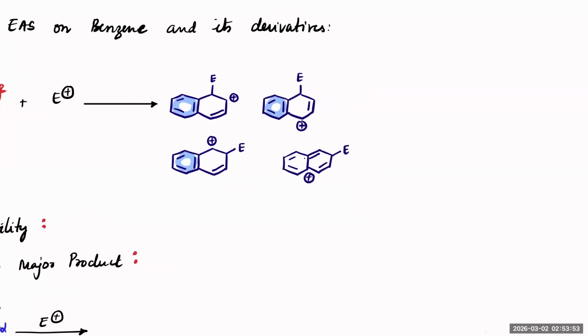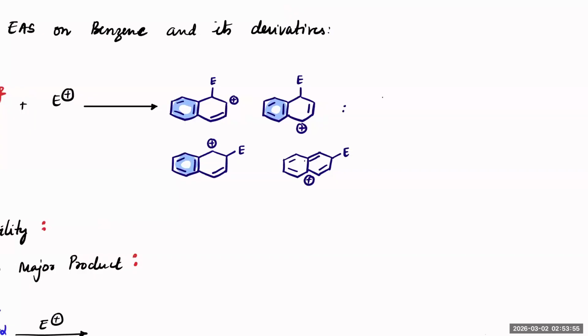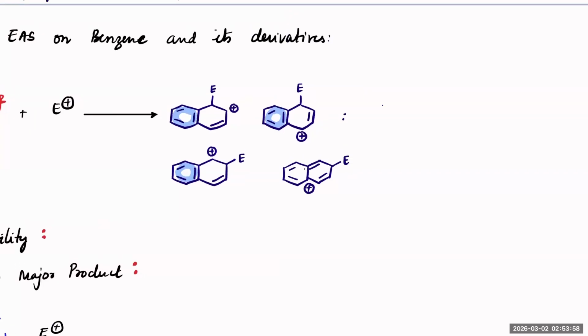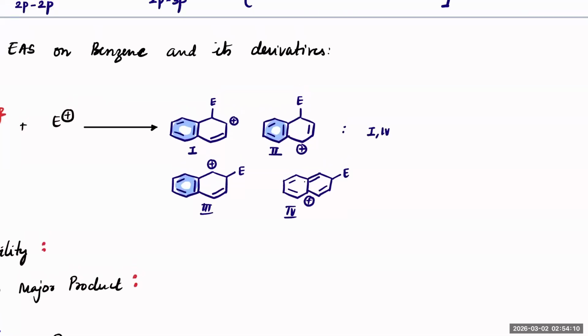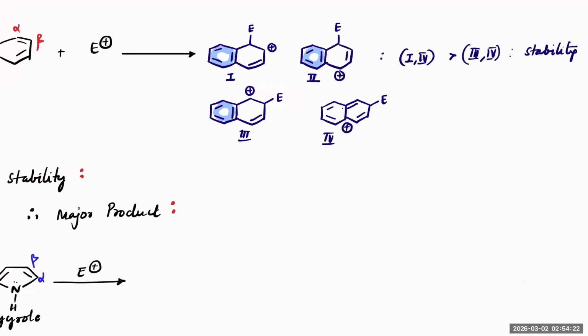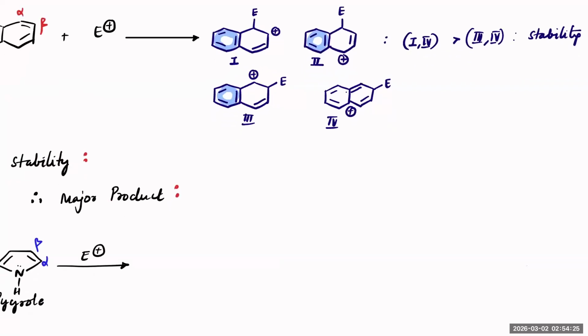Okay. So let me write this as 1 and 2, 3 and 4. The 1 and 2 intermediates would always be more stable than the 3 and 4 intermediates. Hence, if an electrophile approaches, the major product will be first on the alpha position and then on the beta position.